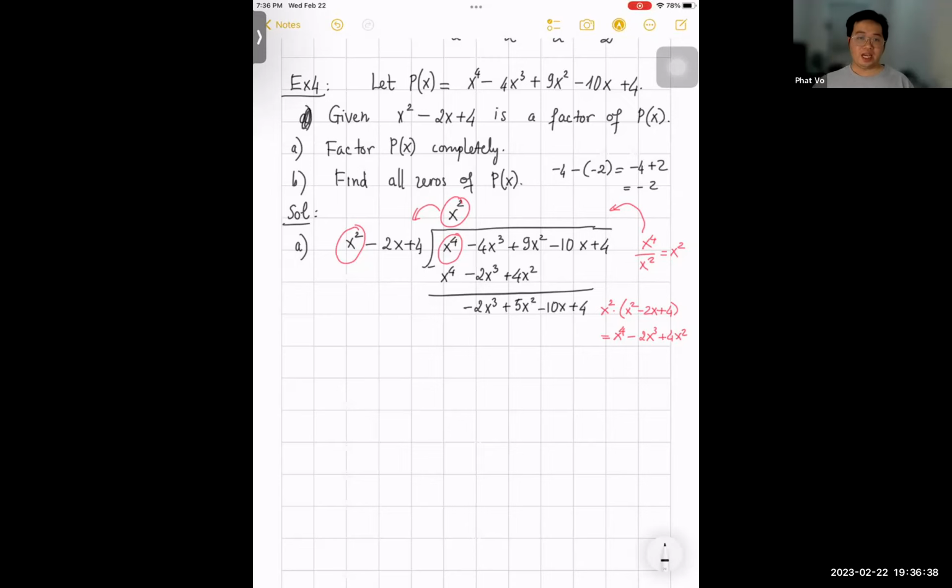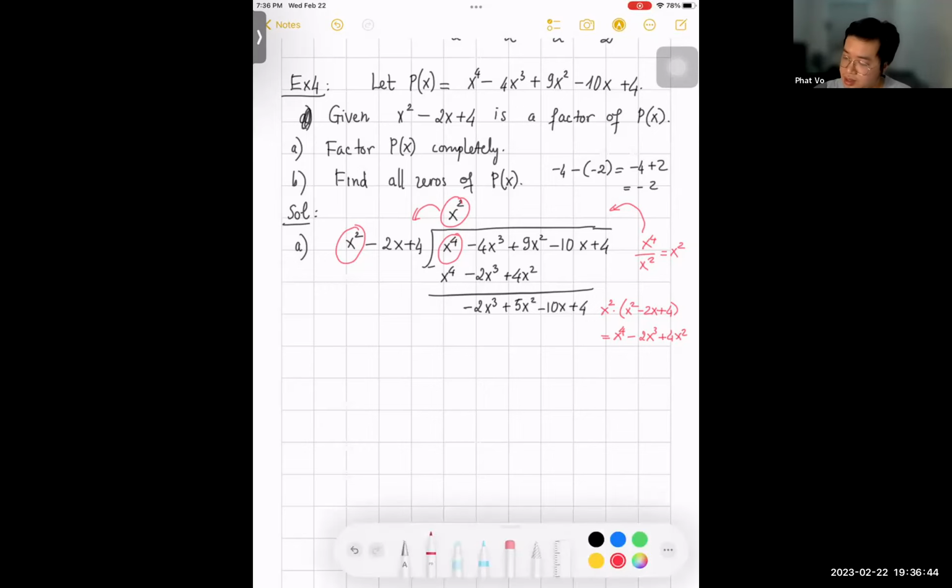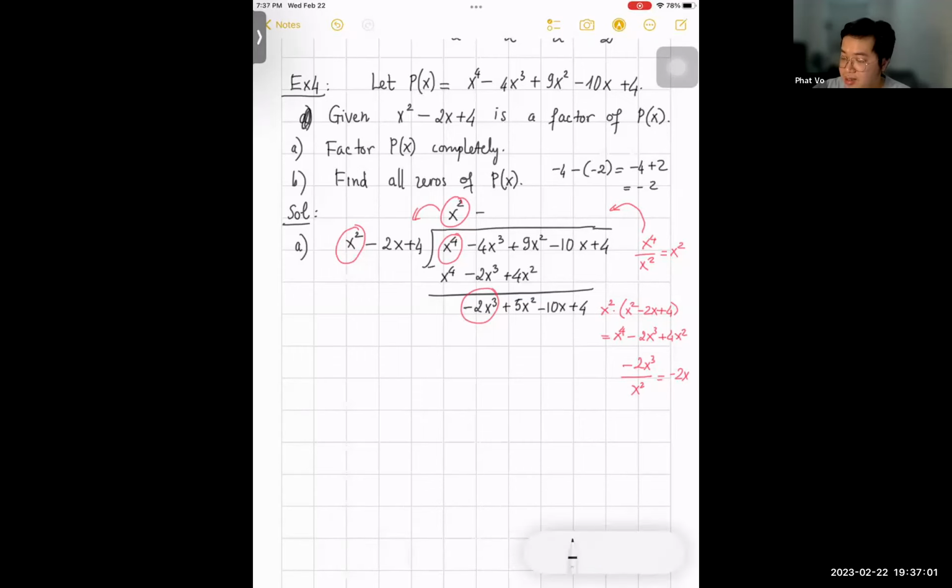So now we have a new leading term, right? It's negative 2x^3. So now we divide negative 2x^3 by x^2. So we have negative 2x. And now we move negative 2x to this line.